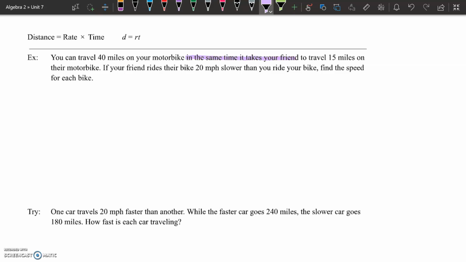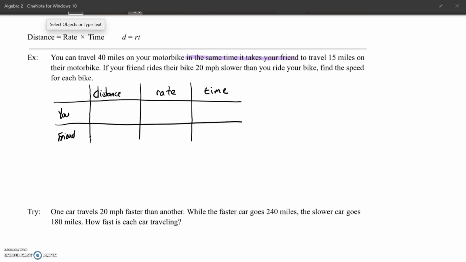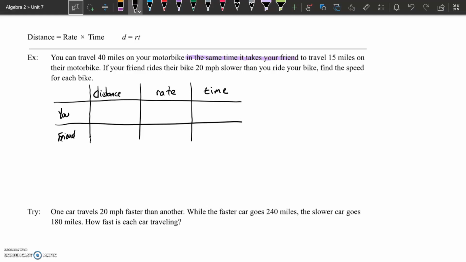I'm going to recommend that you set up a table that's going to help you do that. So your table would look something like this, where we're going to have you and your distance, you and your rate, you and your time, your friend's distance, your friend's rate, and your friend's time. And what's going to be interesting here is we're talking about the same amount of time, but we don't know how much time that is. When we don't know something, we apply a variable to that.